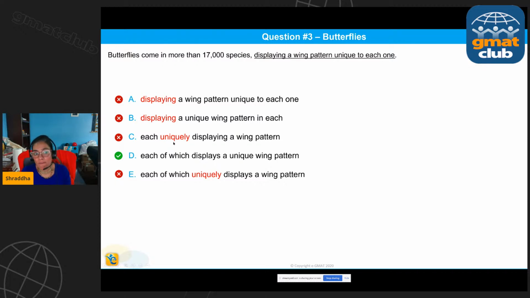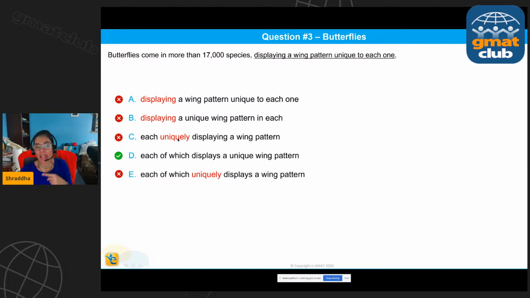Many of you fell for choice C, but choice C is not the correct answer because, yes, it corrects the modifier issue over here. We don't have the action modifier anywhere, but the sentence is talking about a unique wing pattern in every species. But when you say uniquely displaying, unique is no more talking about the wing pattern.